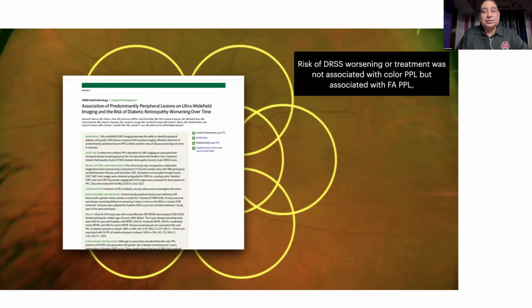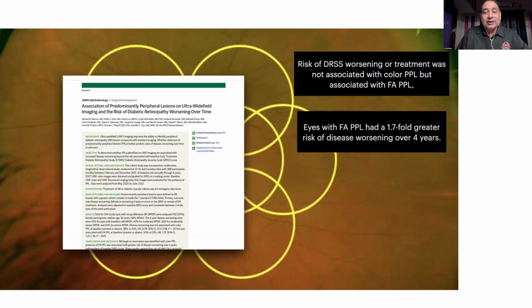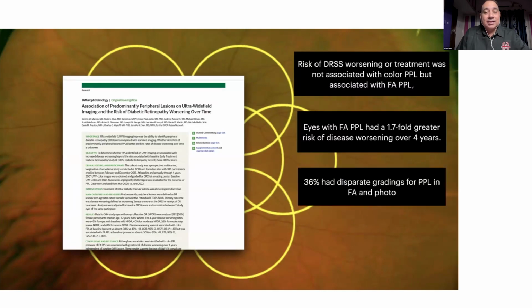What this study found is that the risk of worsening of diabetic retinopathy or need for treatment was not associated with color fundus PPL, but was more associated with fundus fluorescein PPL. Now, this was contrary to what Dr. Paul Aiello's group initially showed. And they found that the eyes with FA PPL had 1.7-fold more risk of worsening over 4 years.